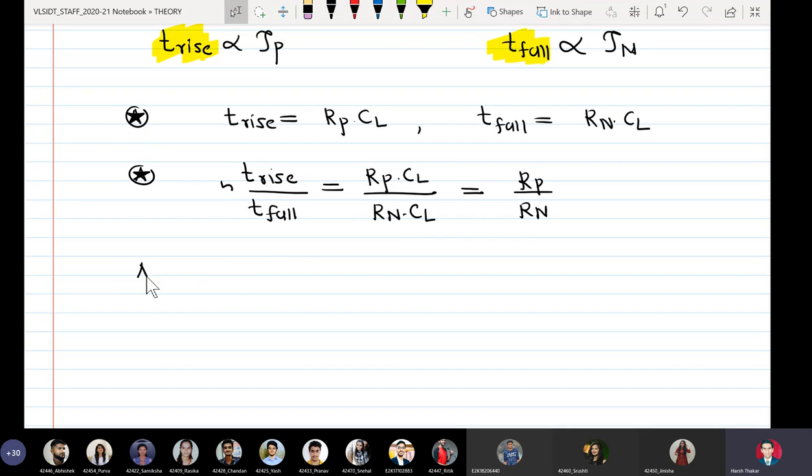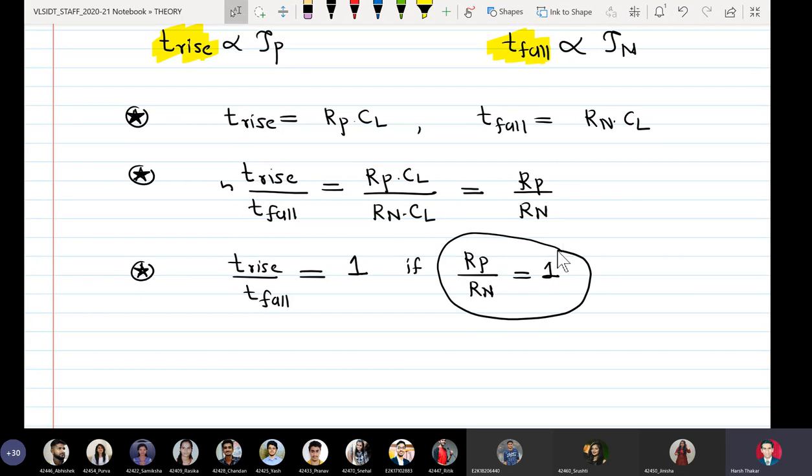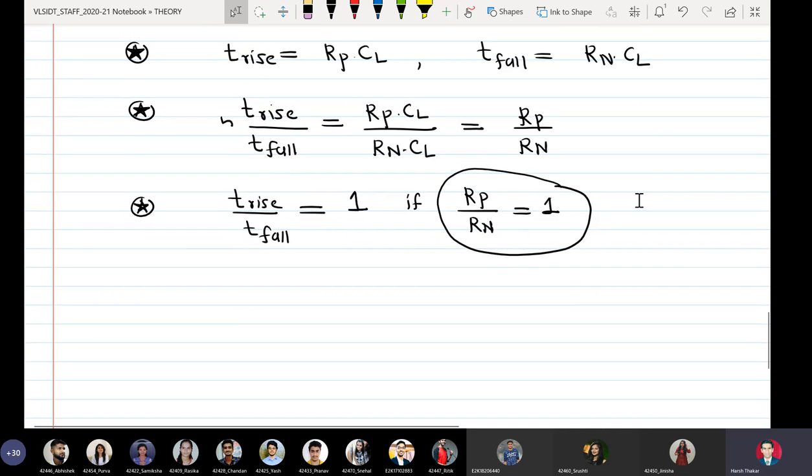So T rise upon T fall will be equal to 1 if RP upon RN equal to 1. So rise time and fall time will be equal in a CMOS inverter only if the on-state resistance of PMOS is equal to the on-state resistance of NMOS.